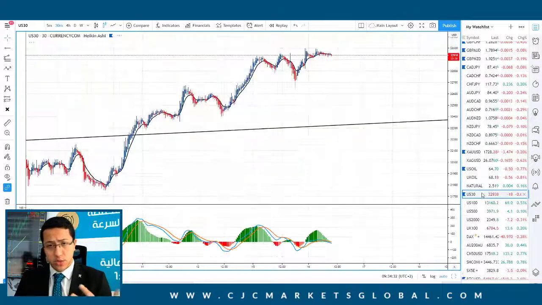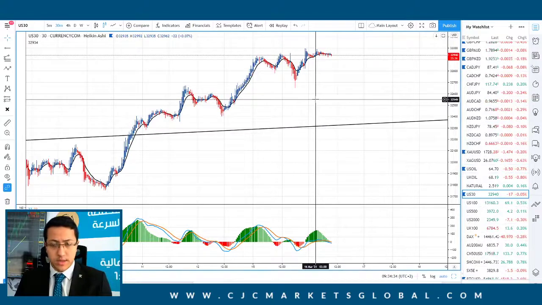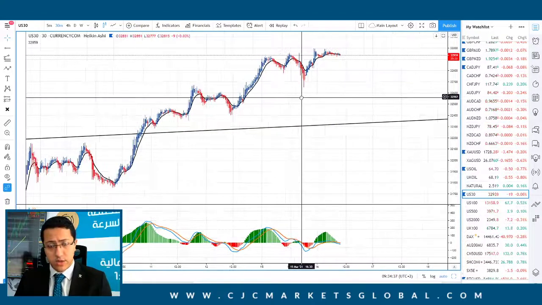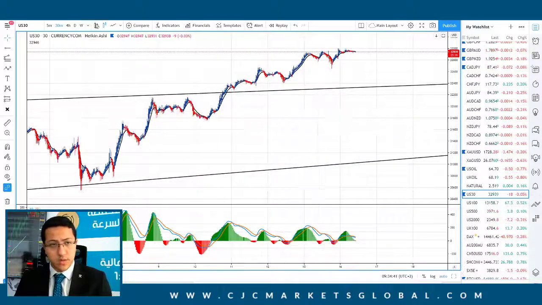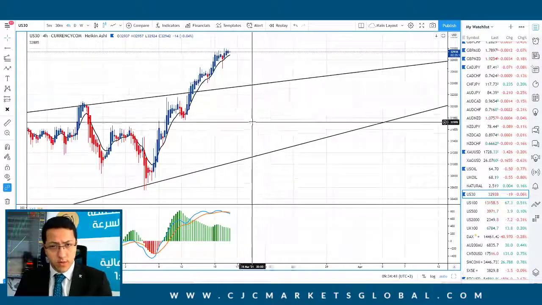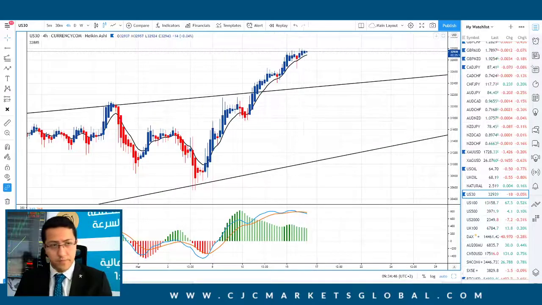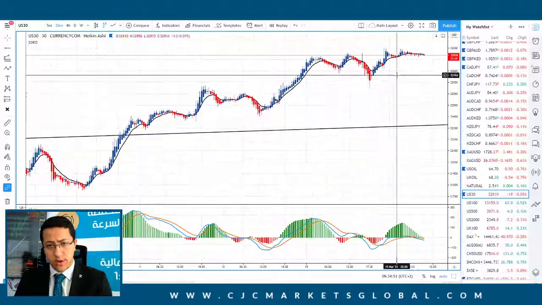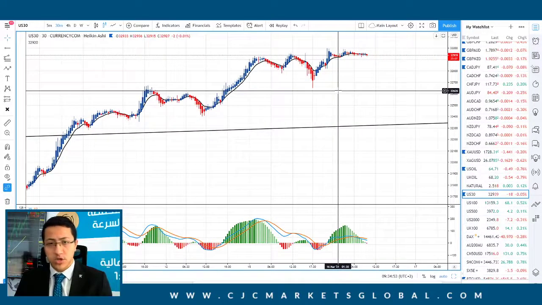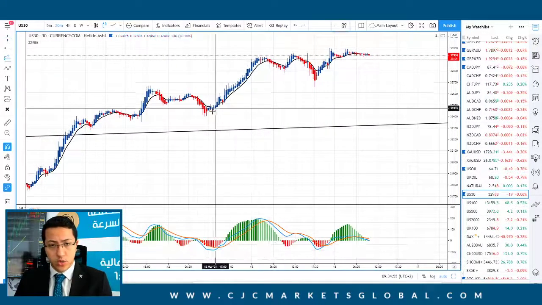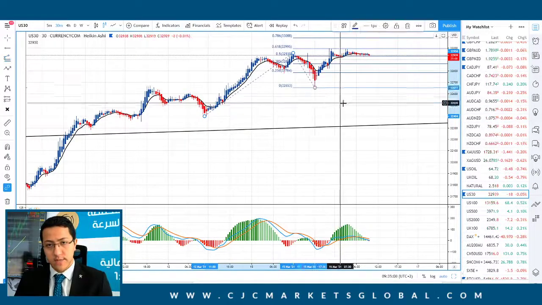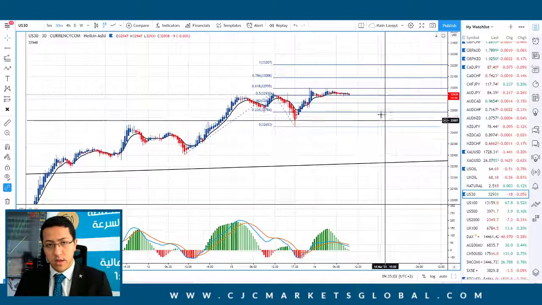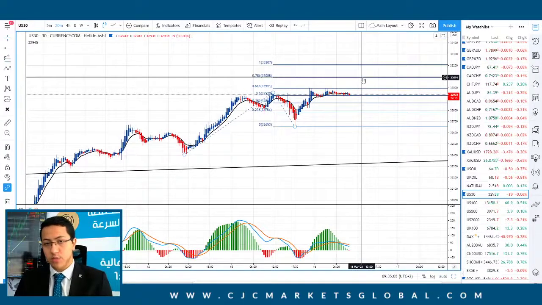Regarding the Dow Jones, we're still very bullish on the American or the US 30 index. We're basically having a strong move to the upside. We can see this even on the 4-hour time frame. On the 30 minutes time frame, we're having a strong move to the upside with corrections. We are still basically bullish on the Dow Jones, and with the Fibonacci extension, we might have a target today, maybe to target 33,000 points.